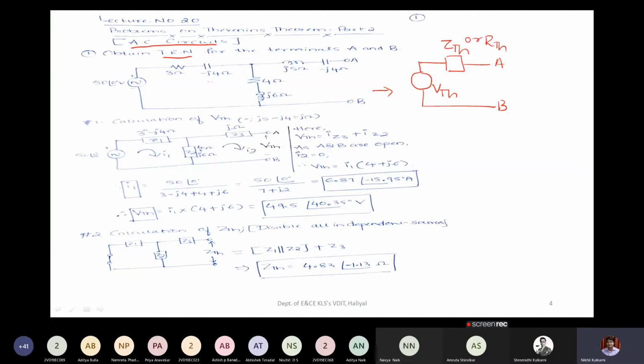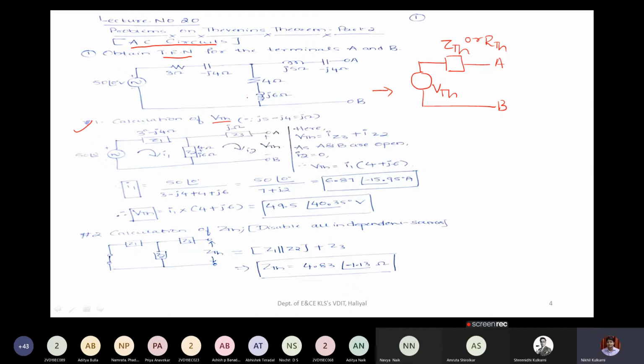Now if you look into the circuit, step number 1 is to calculate VTH. Before you implement Thevenin's theorem, first check whether the circuit has any dependent or independent source.